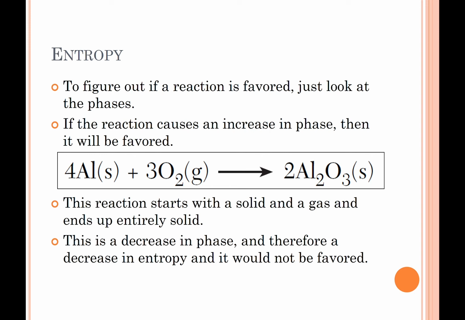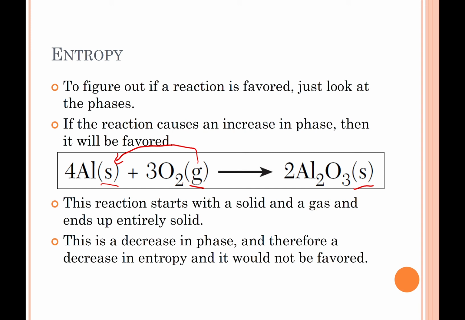Another example, we have solid aluminum reacting with gaseous oxygen, and it forms a solid product. So we start with a solid and a gas. We end up with only a solid. So we've now taken this gas, slowed down all of the oxygen gas molecules, combined them with aluminum, and have now slowed them down and ordered them with aluminum into a solid form.